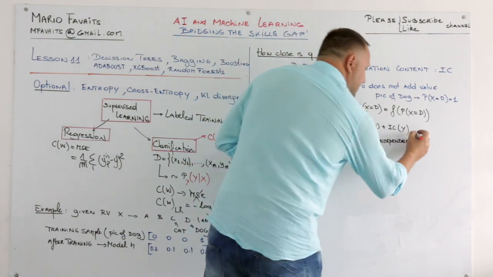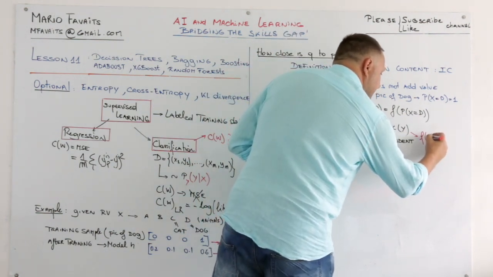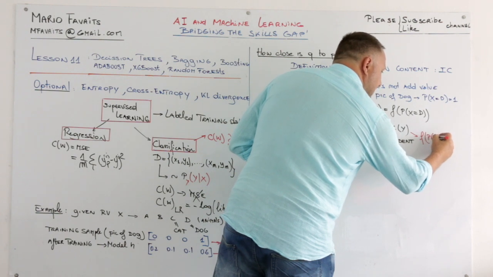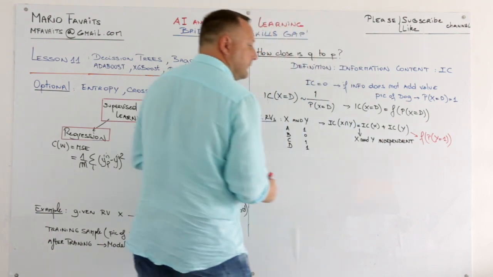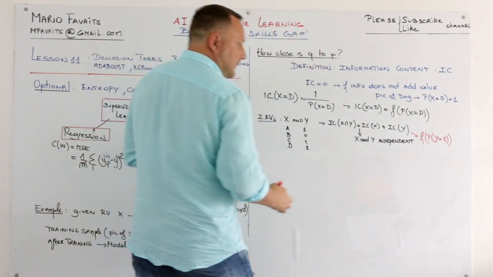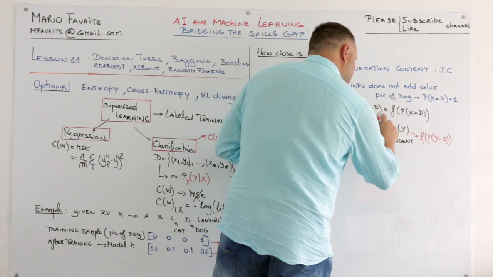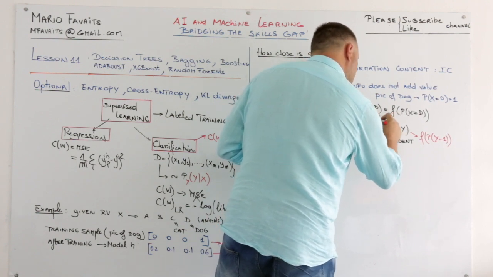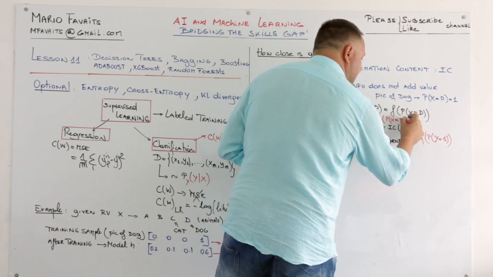Now we know that here the information content of Y is a function of the probability that Y equals 1, and here it is a function of the probability that X equals D, for example.